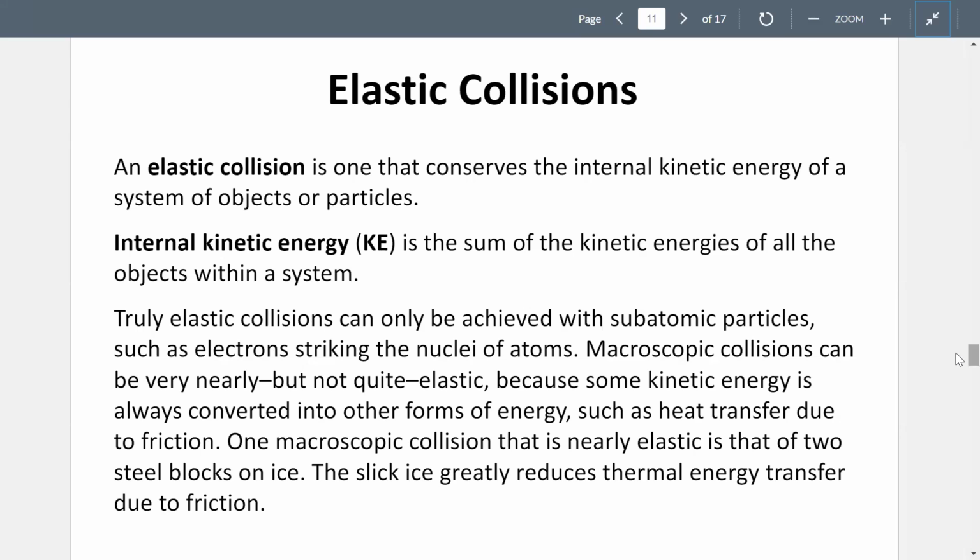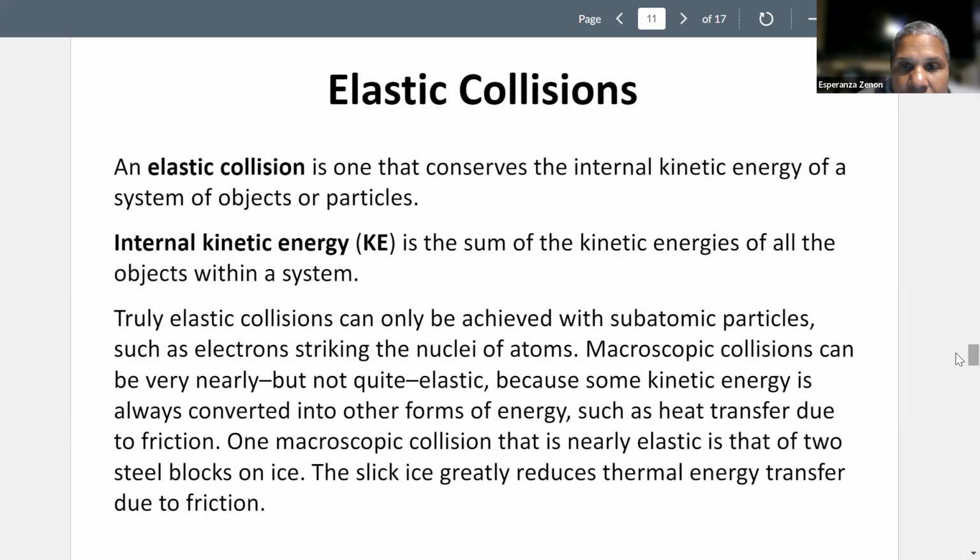They don't stick together, is what we mean, okay? We'll see what we mean by kinetic energy in just a moment, but just imagine for now, whatever it is, momentum is conserved, kinetic energy is conserved, and the objects rebound, okay?